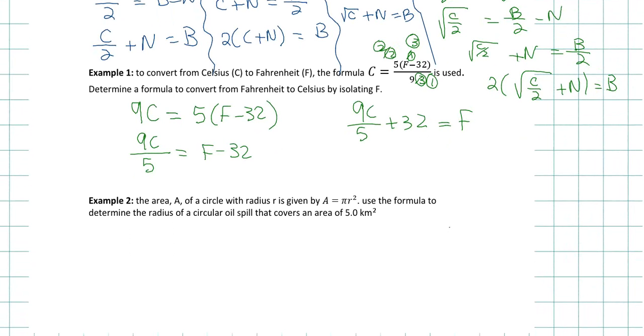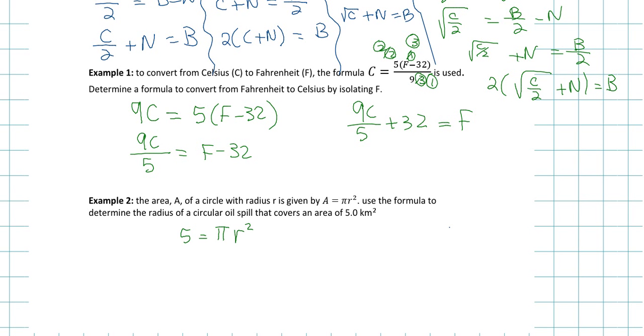Knowing A, right? So I can plug in the A, the 5 into the A. And I have to isolate for R. What do you do first? Divide by pi, yes.